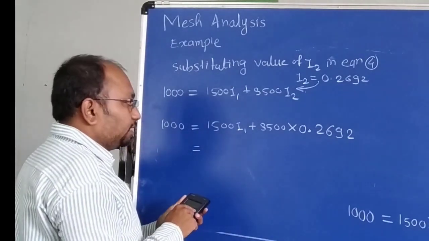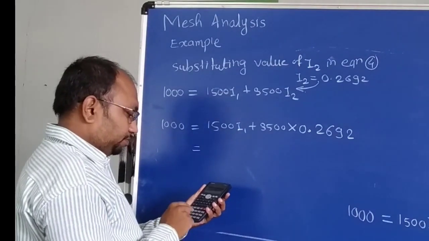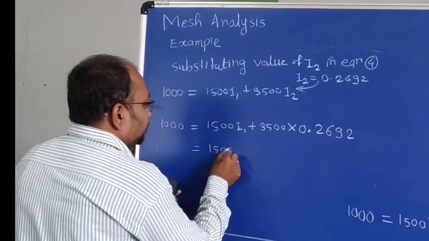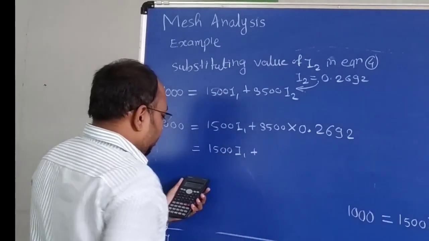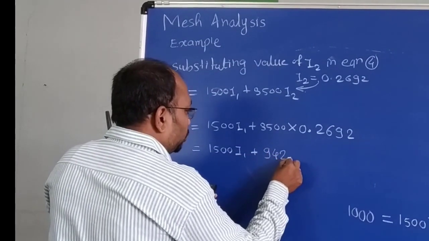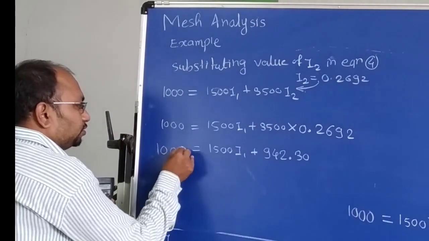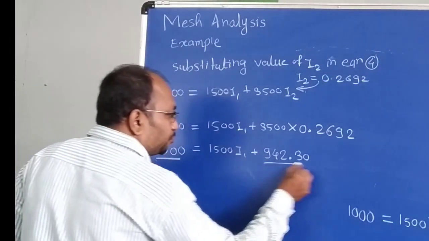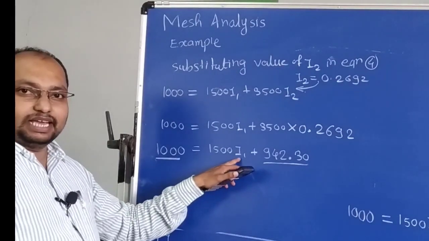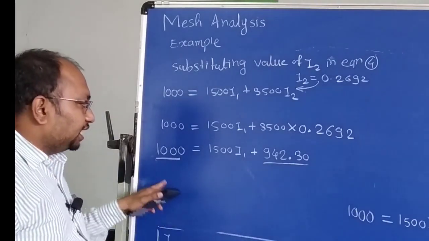So let us multiply 0.2692 by 3500. It is coming as 942.30. As these two values are constant values without any multiplier like I1, the unknown term, we can take this term to the left hand side.